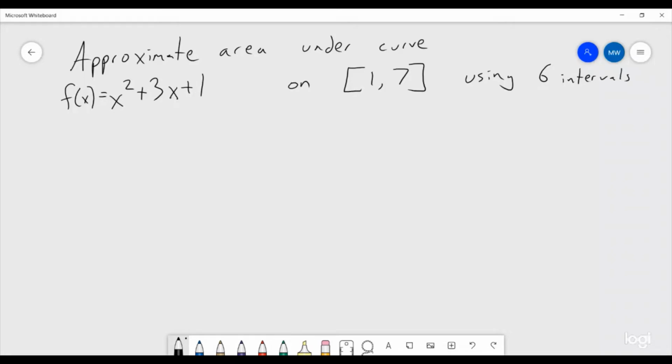And we want to use both right endpoints, and then again with left endpoints. So go ahead, pause the video, try and figure out how you would do this using our different methods, and go ahead and tackle this problem.